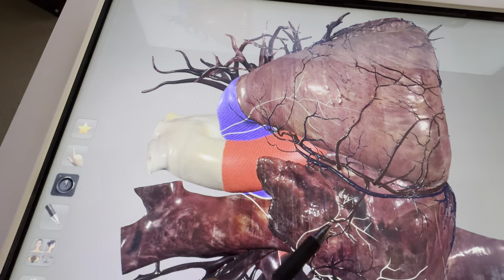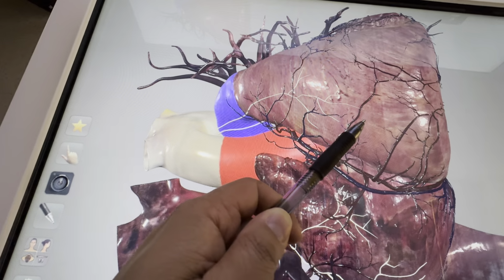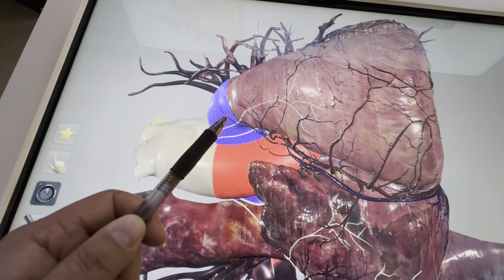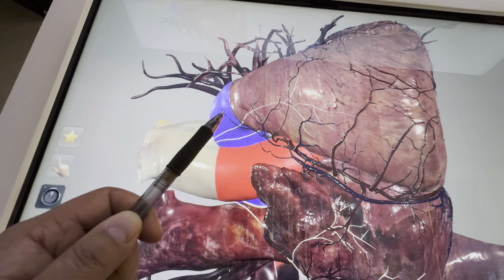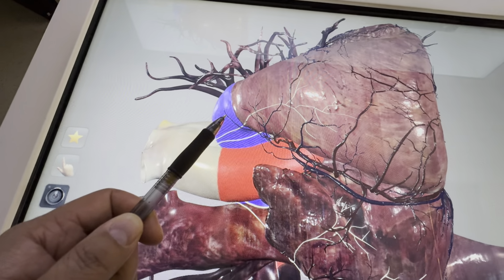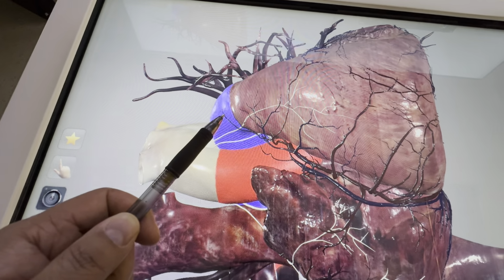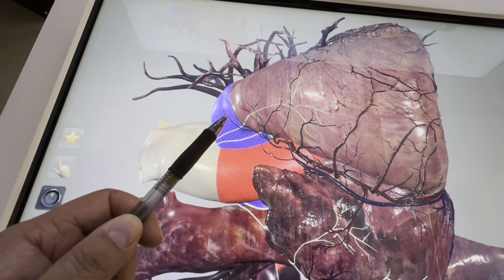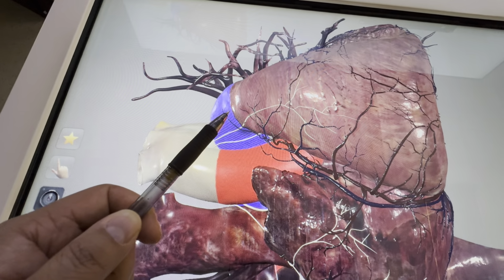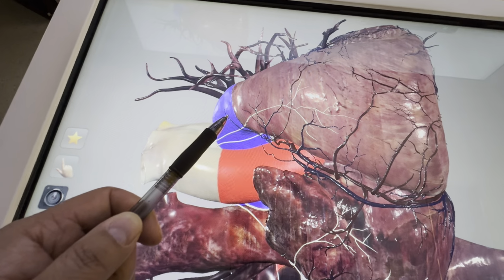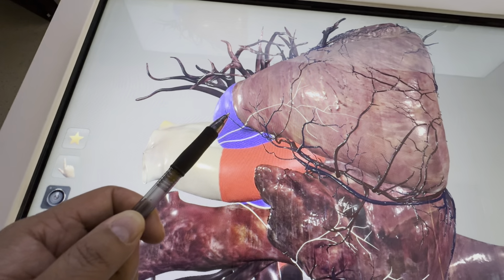If this is your right atrium, this must be your left atrium. The left atrium connects into this vessel here, which is colored blue. It may or may not be colored blue on your practical. Therefore, it is a deoxygenated vessel, and that is your pulmonary trunk. The pulmonary trunk is going to divide into a left and right pulmonary artery and vein.